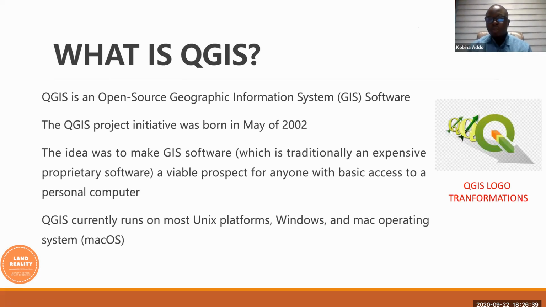The developers who came together to do it thought of making a GIS software that was very, very affordable, because the ones we had previously and we still have are quite expensive. So the whole QGIS project was to just create a software that is accessible to everybody, and that is user friendly. And also, at the moment, QGIS currently runs on almost all the existing operating systems that you can think of.